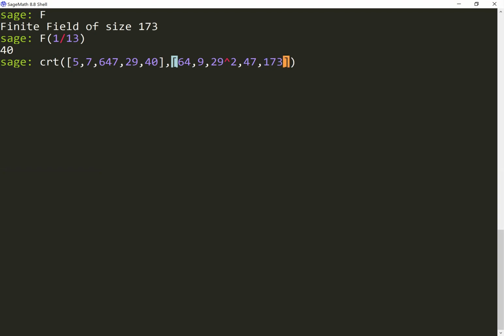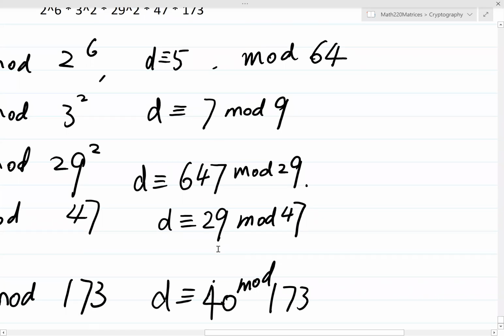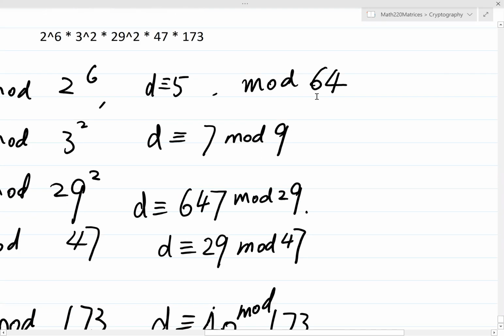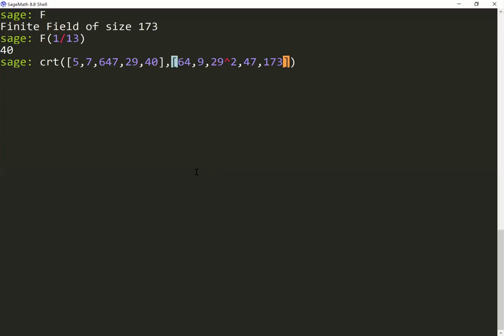So you write the congruence numbers as a bunch. We have 57, 647, 29, and 40, and the other numbers we write in terms of another vector: 64, 9, 29 squared, 47, 173. So you write these numbers in two vectors and then apply the Chinese remainder theorem.